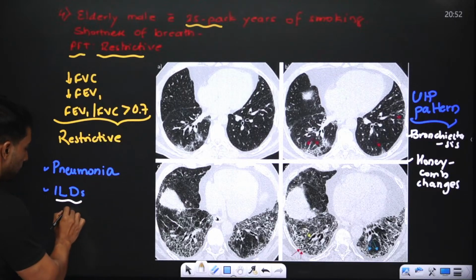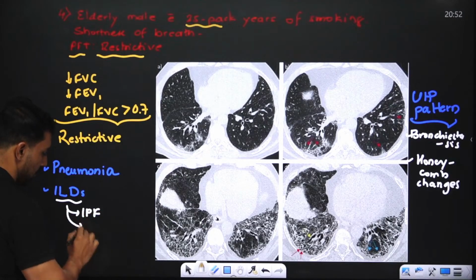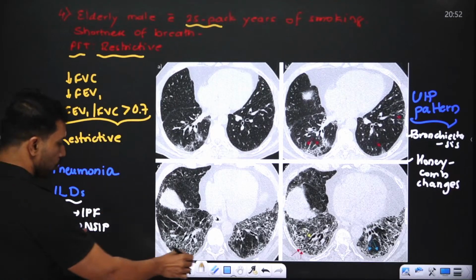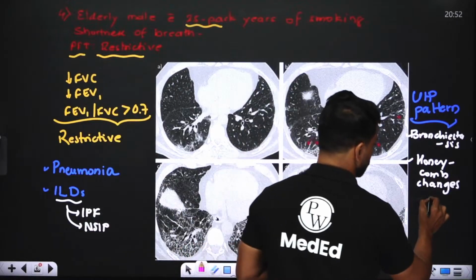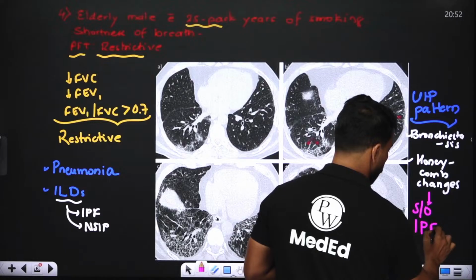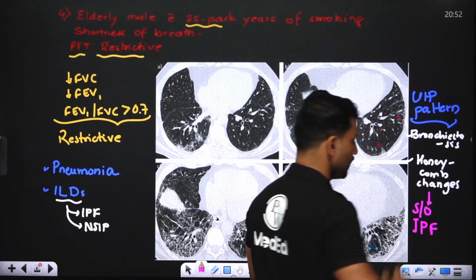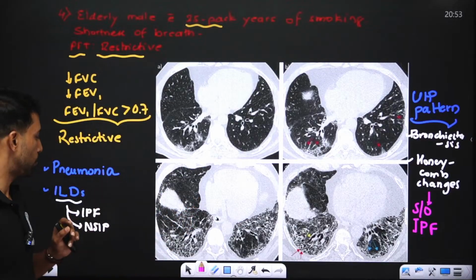ILD is of two major types. One of them is idiopathic pulmonary fibrosis and the second one is non-specific interstitial pneumonitis. UIP pattern is usually seen in patients with idiopathic pulmonary fibrosis. This HRCT is suggestive of idiopathic pulmonary fibrosis.